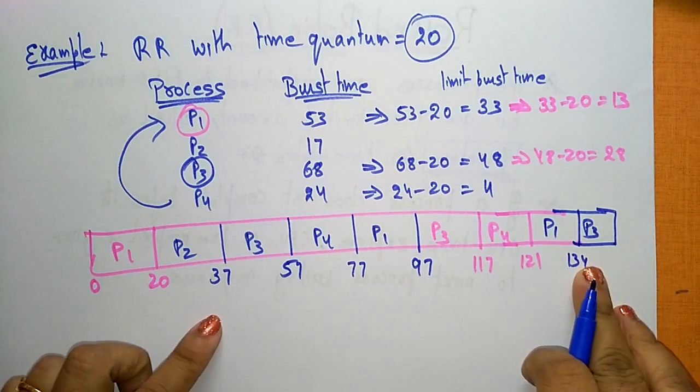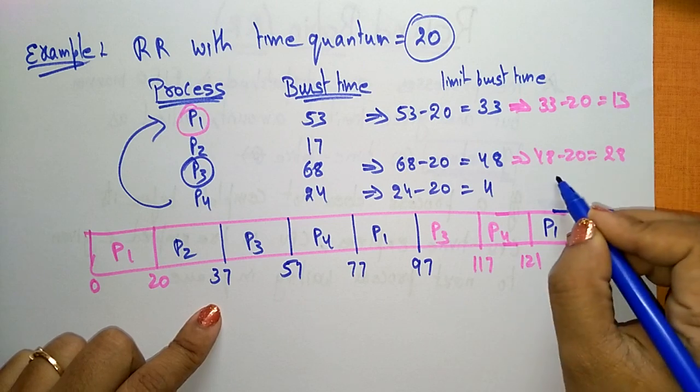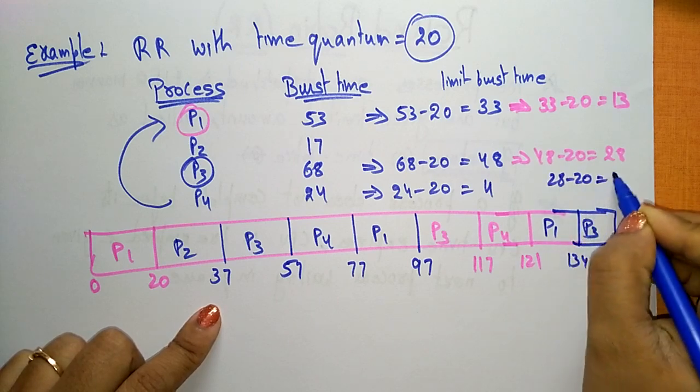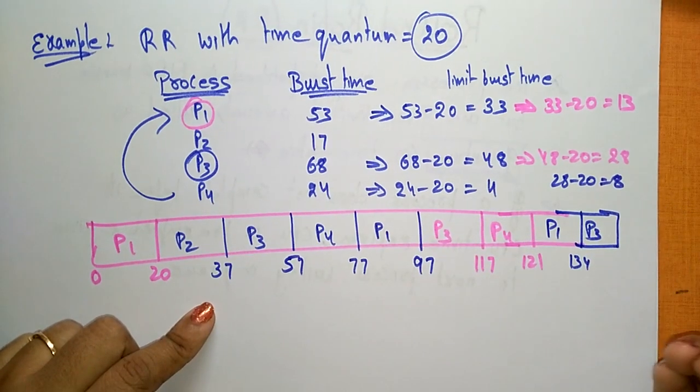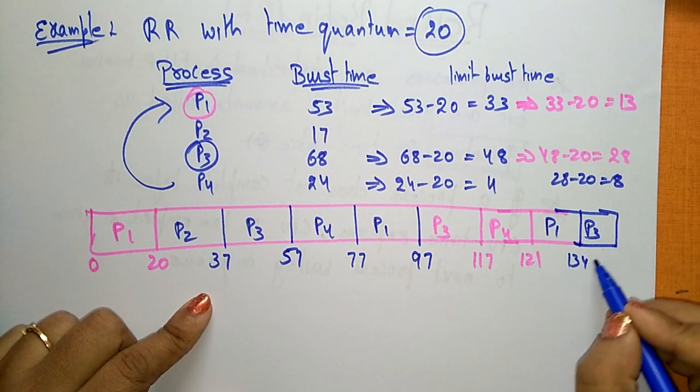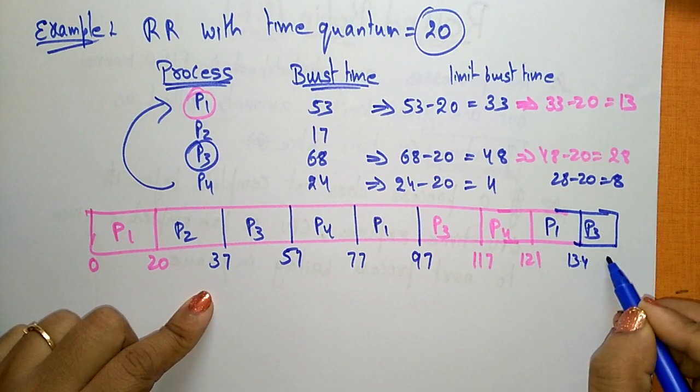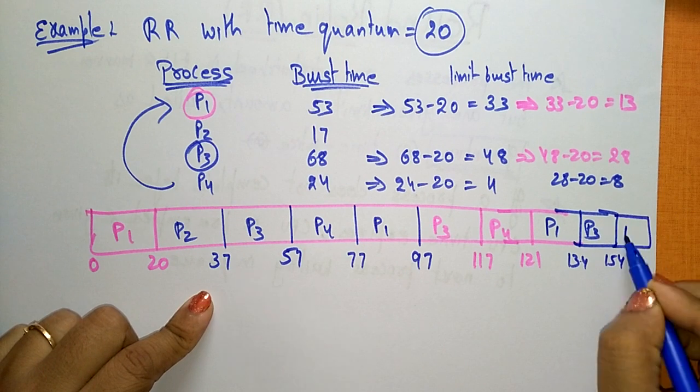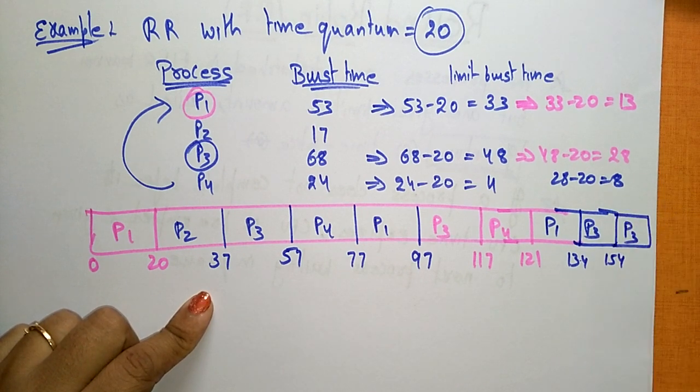So only 20 is added, and 28 minus 20, still 8 remains. So P3 has to be executed again in round robin fashion. 134 plus 20, 154. Again P3 is executed, but this time only 8, which means 162.